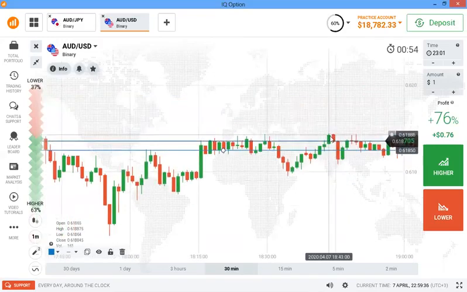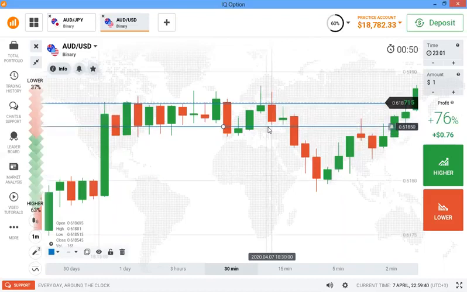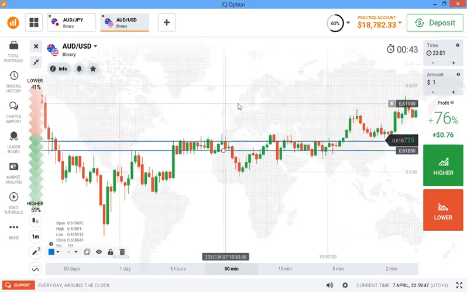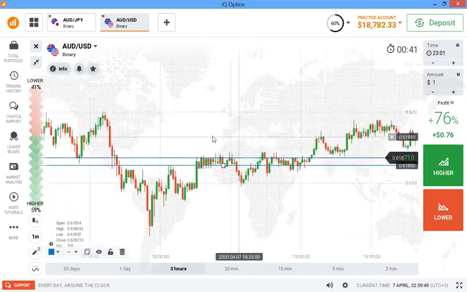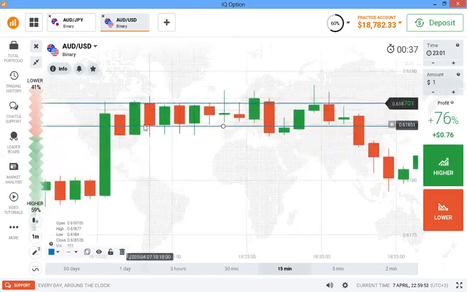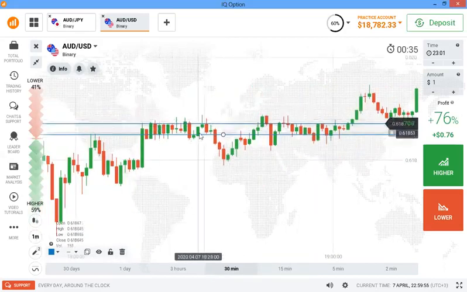So in the future, you can use it as a level, but this is not how to draw a proper level. You can just take this as an area. I just take this as an example that the market reversed multiple times, both on the upper and the lower side. So it's just an area.